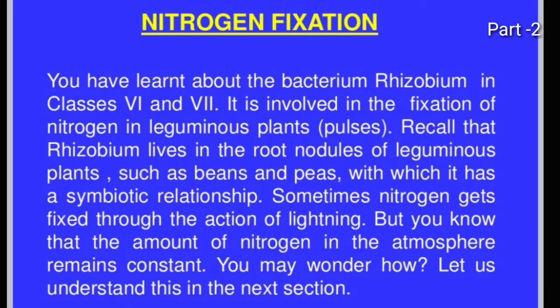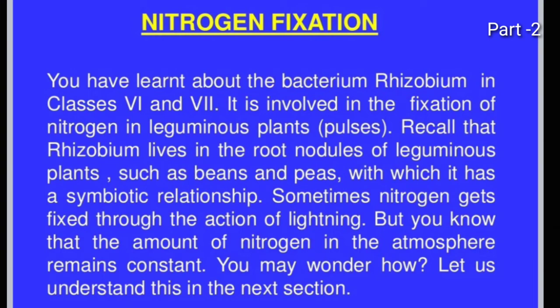That bacteria is present in the root nodules of certain leguminous plants such as peas, and it helps in the fixation of nitrogen. The rhizobium bacteria lives in the root nodules of plants such as beans and peas, including pulses. Why does it live there?